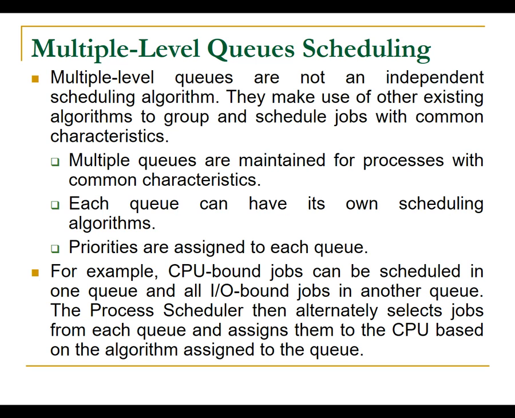The process scheduler, which maintains the entire number of queues, alternately selects the job from each queue and assigns it to the central processing unit based on the algorithm which has been followed by that particular batch of processes in the system.